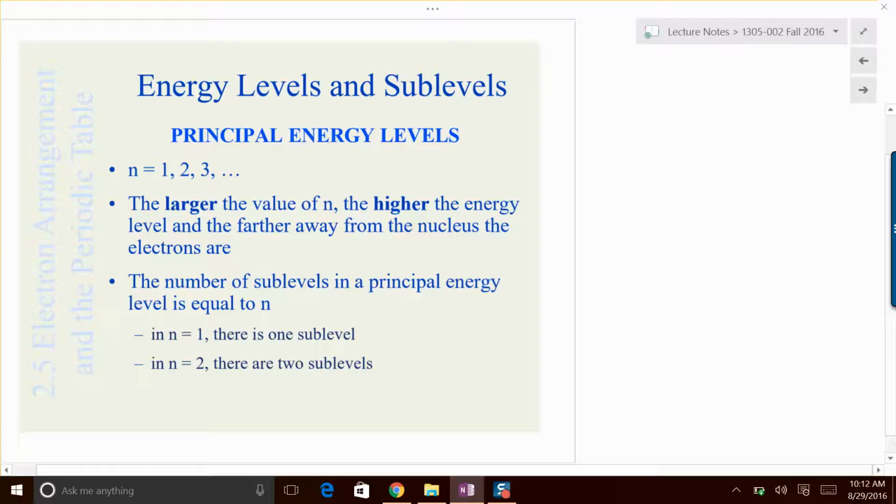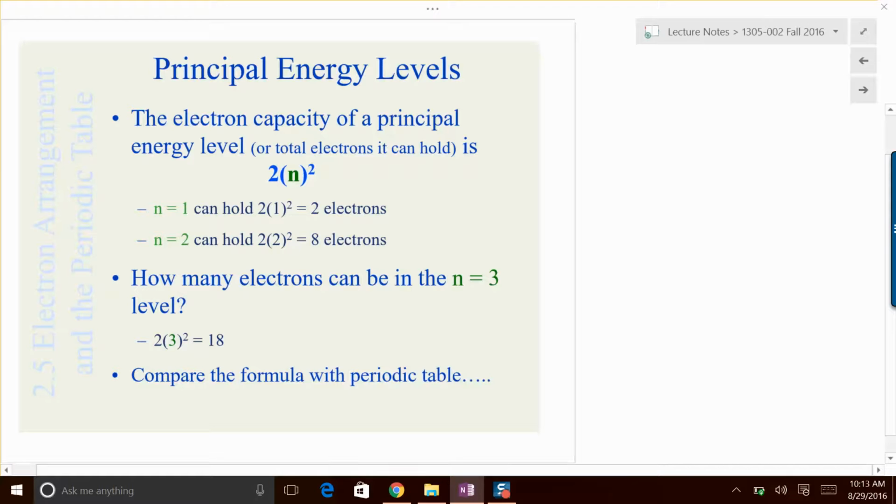All right, so that's just going to go through what we just said. N equals 1, 1 sub-energy level. N equals 2, 2 sub-energy levels. Okay, this is the formula if you wanted to know. So like for the fifth energy level, we didn't get to G, but if you wanted to know how many it could hold, and you're not going to ever have to do this, you just put a 5 there. 5 times 5, 25 times 2, 50.